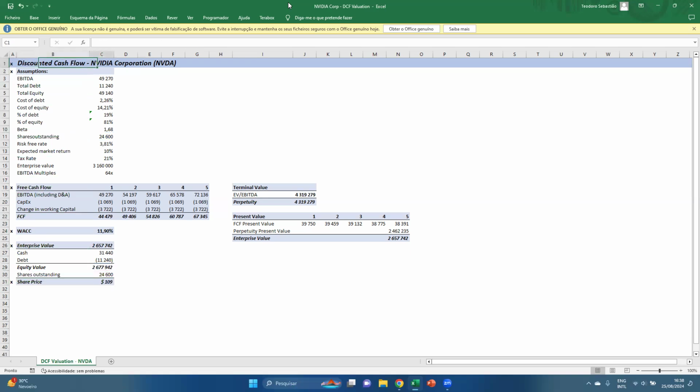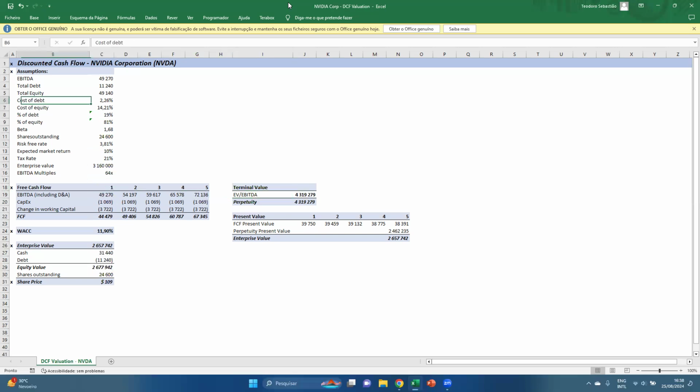Those are the steps. First, as I said, we are going to have these assumptions, like the EBITDA, if you are going to use the EBITDA multiples to calculate the terminal value.